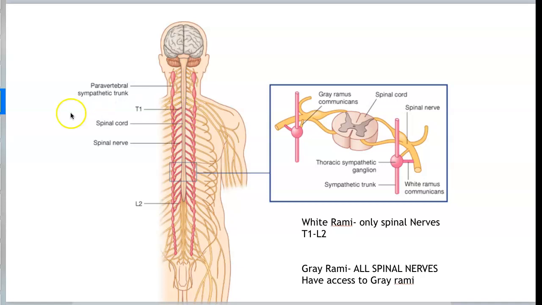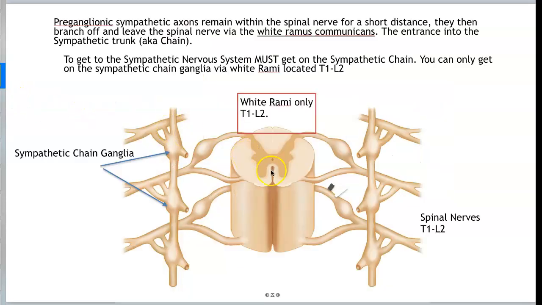So, these white rami are connected to spinal nerves T1 through L2. They have a direct connection to spinal nerves T1 through L2.